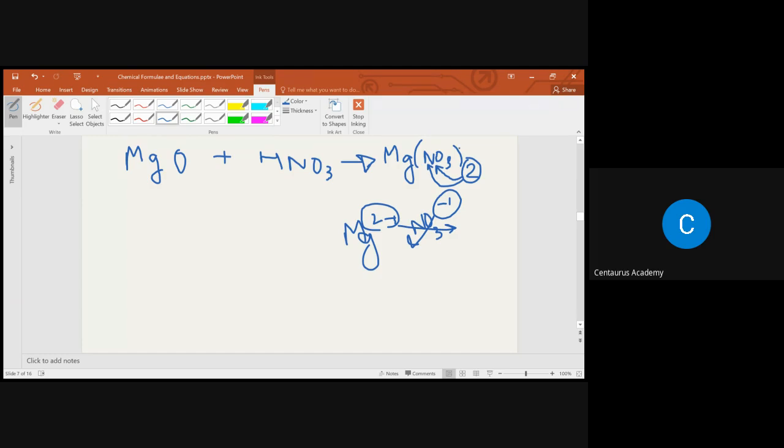And the 1 for nitrate, when swapped and dragged down, should be written with magnesium as a subscript. But usually 1 is not written as a subscript, which is why we skip it here. Is this point clear so far, how the formula of magnesium nitrate is formed?